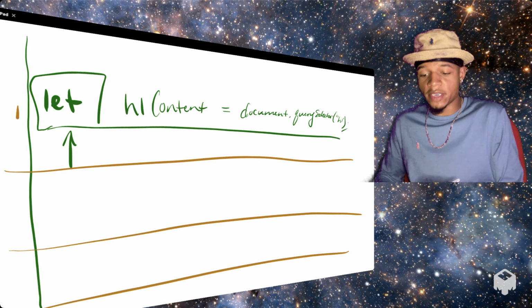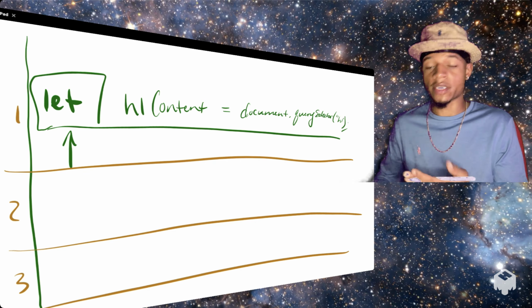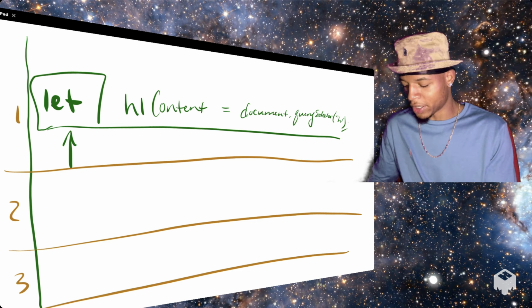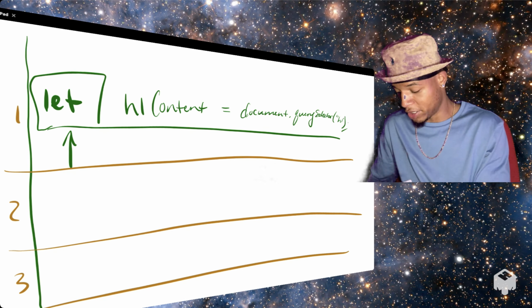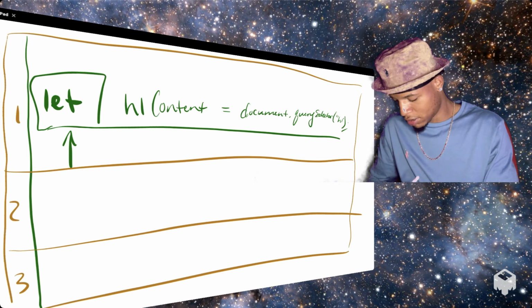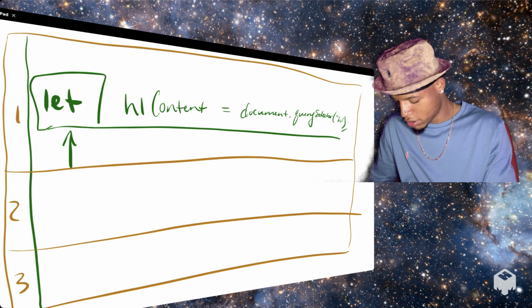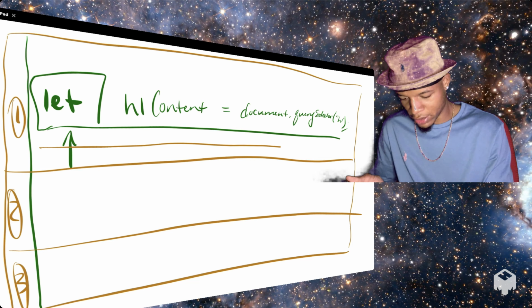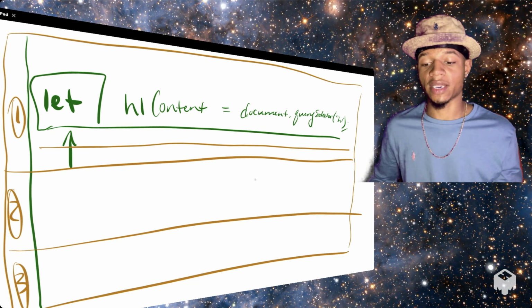What I just did here was pretty much create a page. This is a page, if you will, and this is the line number that we're on, and then this is the content for that line, the statement for that line.